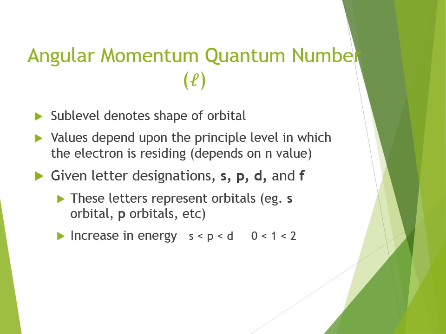We're going to designate these groups as s, p, d, and f, for the orbitals they represent. So s orbital, p orbital, d orbital, so on and so forth. When we're talking about orbitals, the s orbital is going to be the lowest in energy. p will be in the middle. d will be the highest level energy.